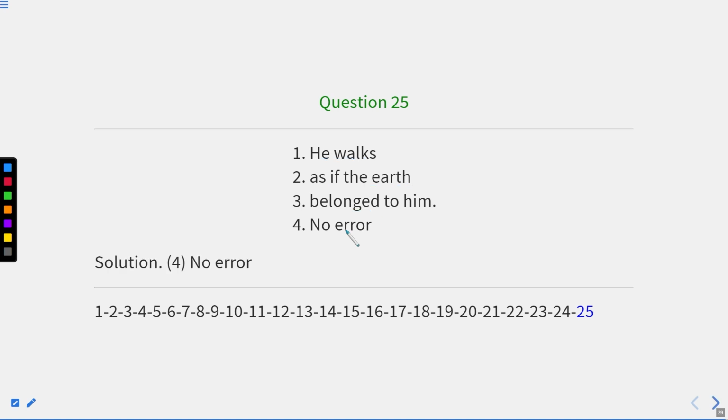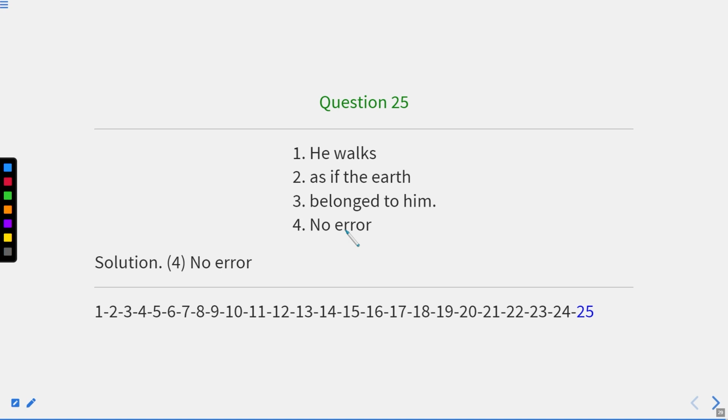So when a sentence contains no error, you need to see those sentences carefully, because it is our mindset that there must be some error in the sentence, but it is not necessary. So we need to learn the concepts, not the tricks. We need to see the tricks as well, but it does not matter that every part contains error.